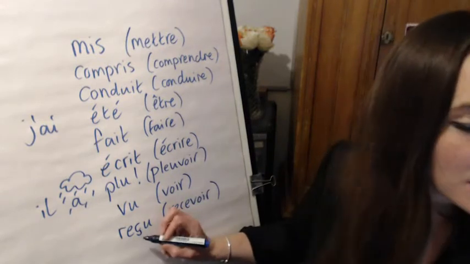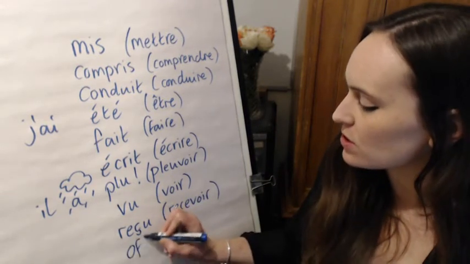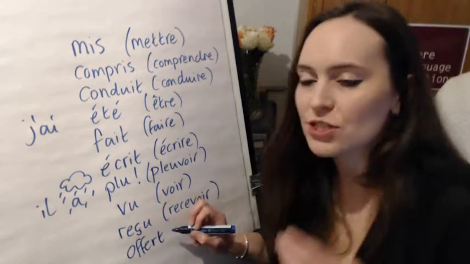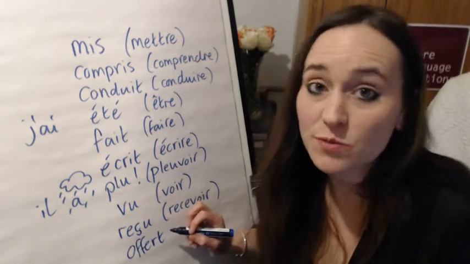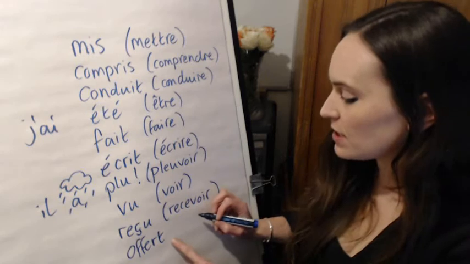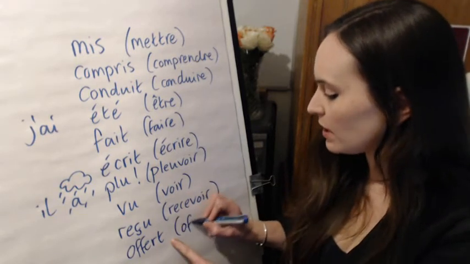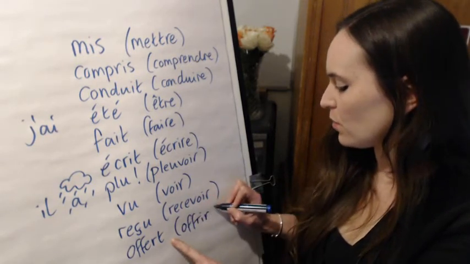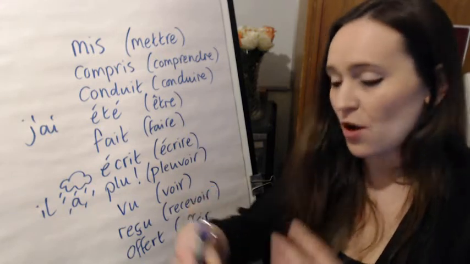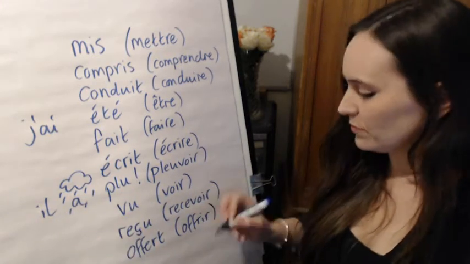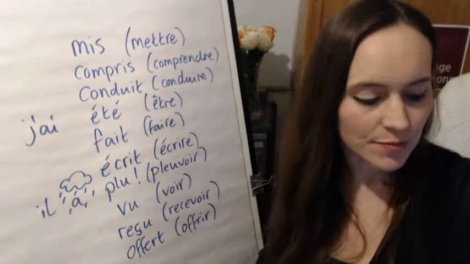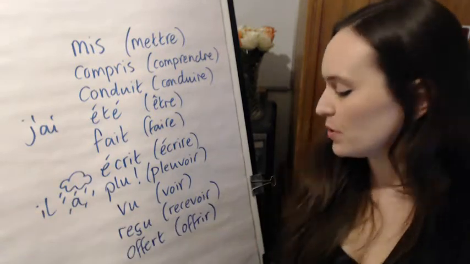Okay, last one here is, I mentioned this when I mentioned découvert, which is the past participle of découvrir. This is an IR verb, offrir, to offer something to someone. So when you offer to buy someone a drink, for example, you might use this.